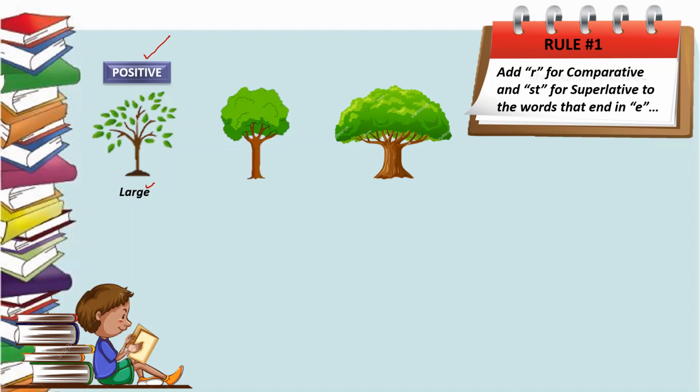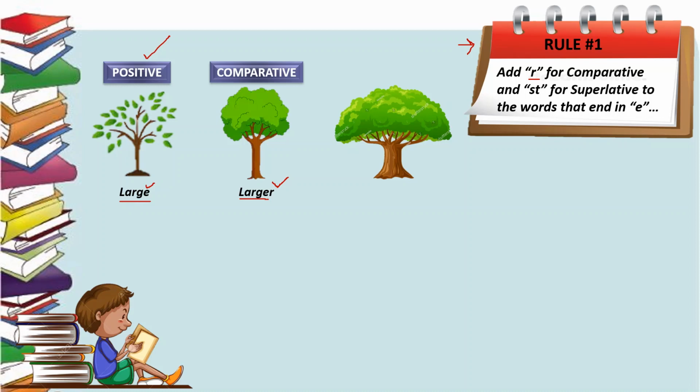So according to rule number 1, if we want to convert this adjective to the comparative form, we have to add the suffix R after our positive degree adjective. So in the comparative form, large becomes larger. The main adjective remains as it is. There is only one addition, that is the suffix R.